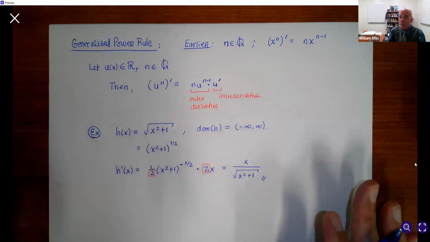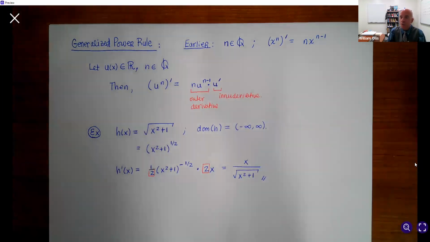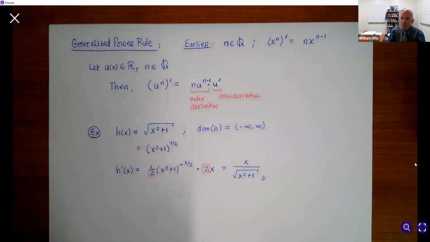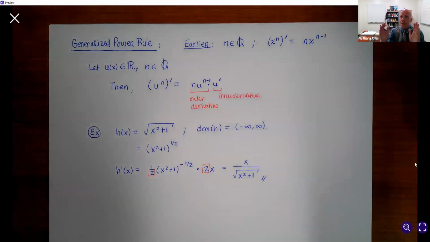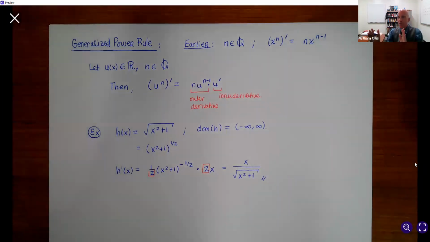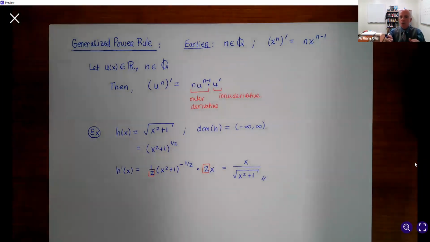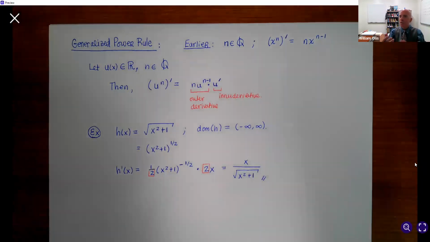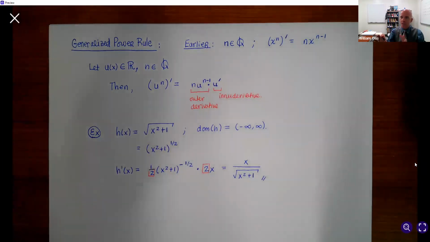And of course, you can have more than 2 functions being composed. That's why it's called the chain rule. Because if you have 3 functions, then you're moving to a product of 3 derivatives, because now you have a function of a function of a function. And that just means longer chains in the chain rule.